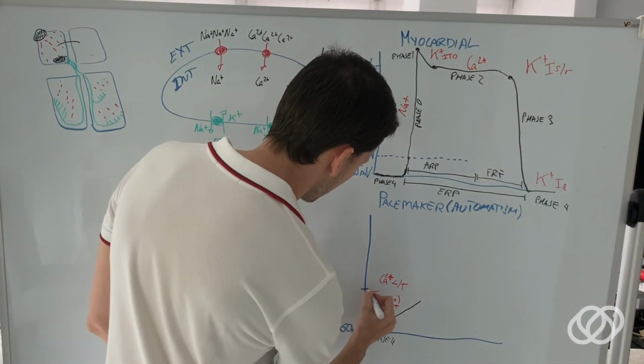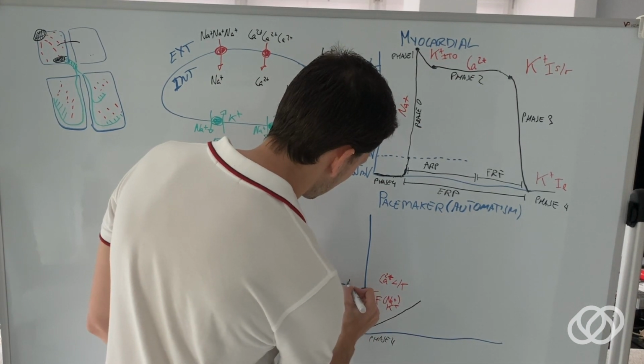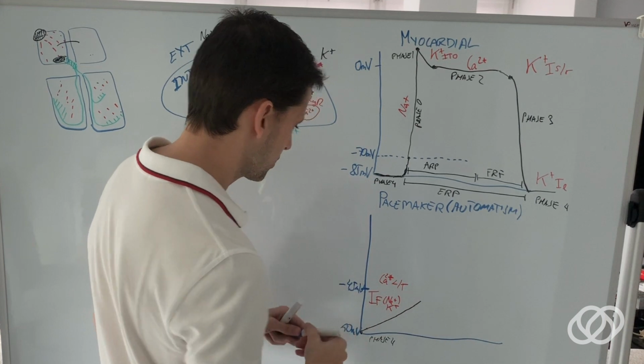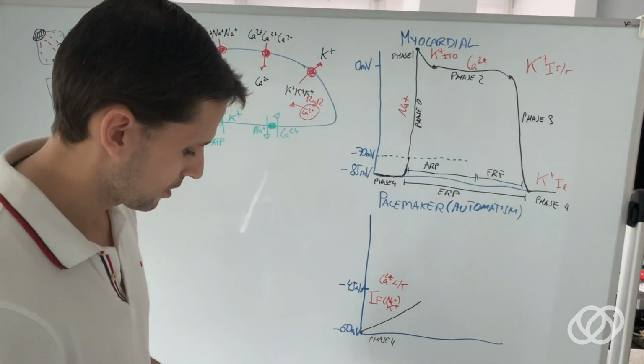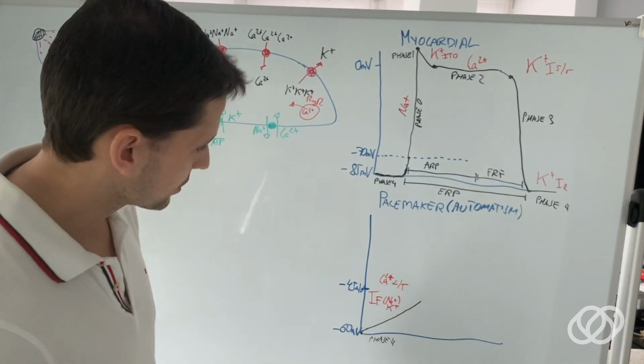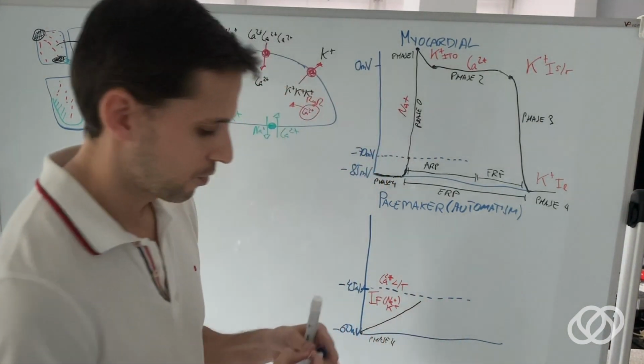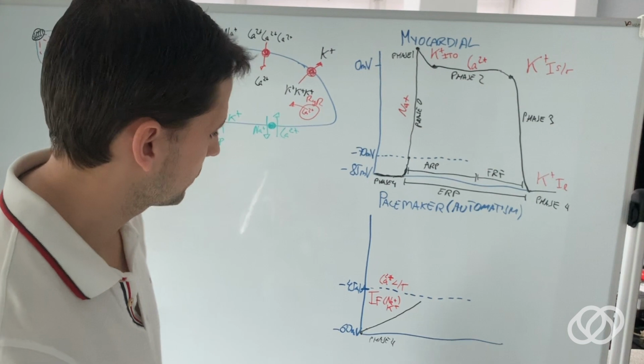This threshold will be around minus 45, more or less, millivolts. If we reach this threshold here, we are going to begin the new phase.